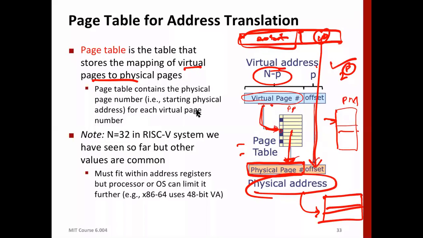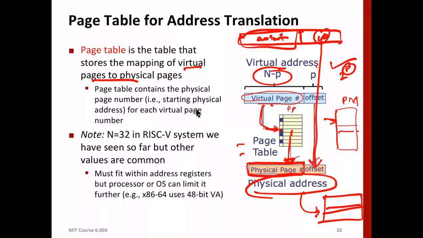Virtual page to physical page. Note that we are not getting a byte from somewhere. The minimum replacement unit for whether something is available or not is a page. In cache, we have seen that we have a small part with 64 bytes, available or not, and we replace only 64 bytes.